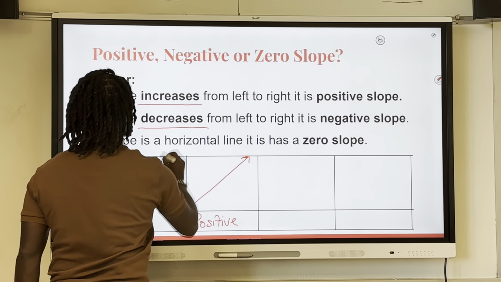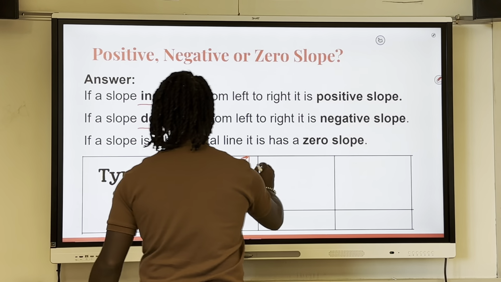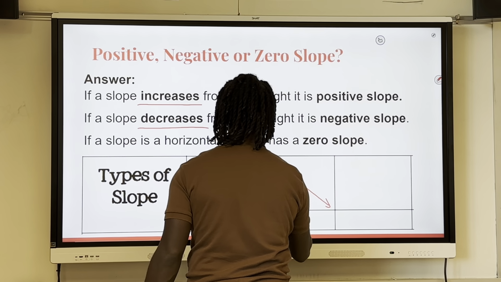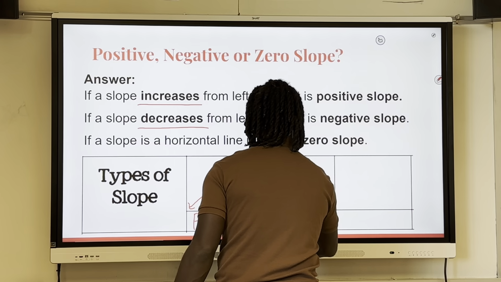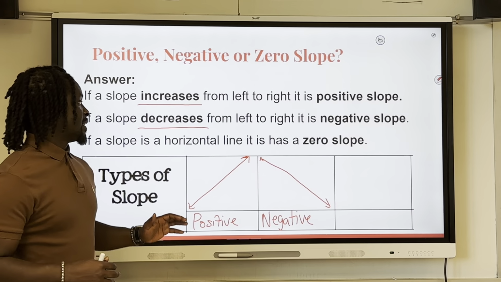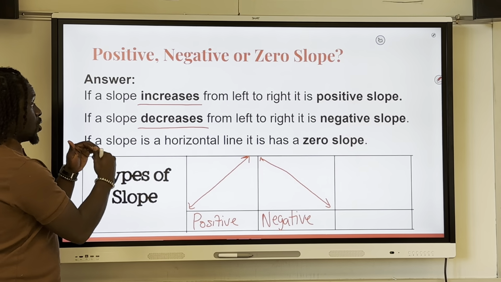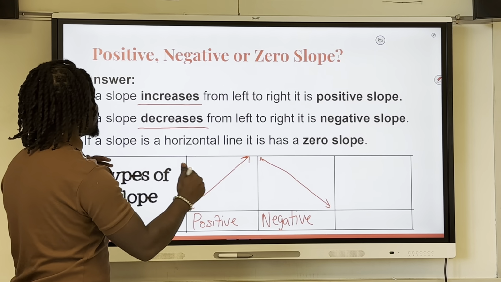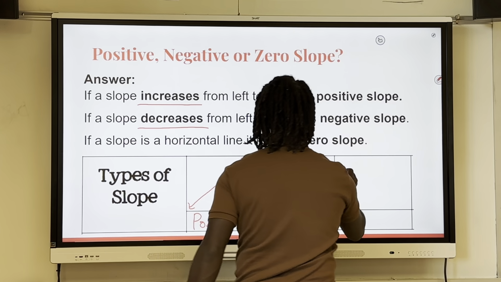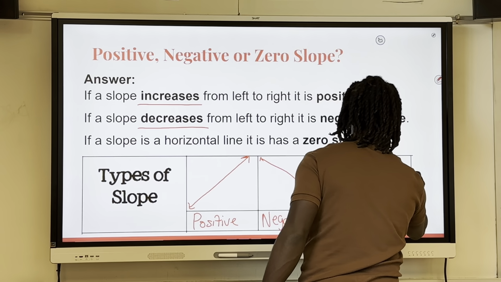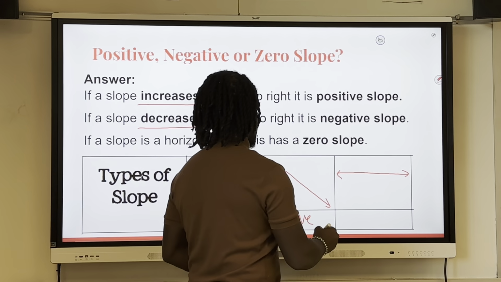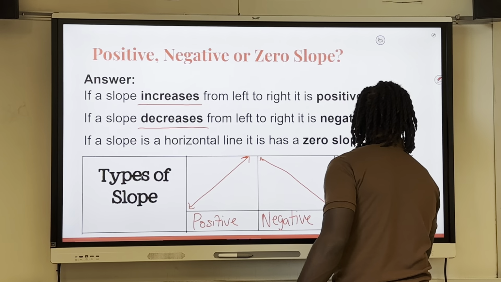If a slope decreases from left to right, meaning I'm starting up top and then going down, I am decreasing from left to right. That would be a negative slope. And if I have a slope that is horizontal, not going up and not going down, but sort of flat like that, that is what is called a zero slope.